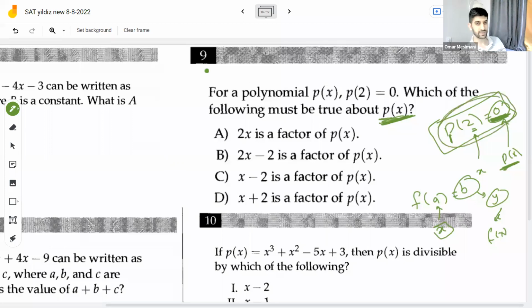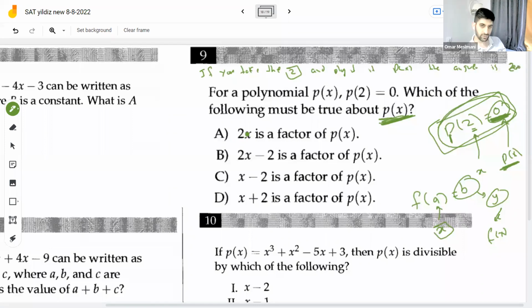So what can I understand from this? I can understand that if you take the number 2 and plug it in b(x), the answer is 0.